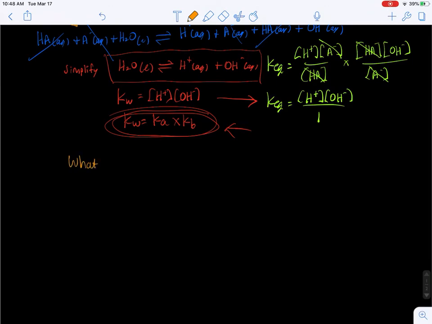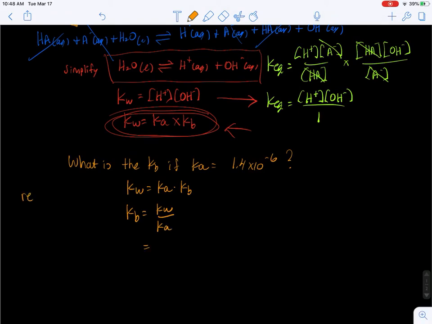What is the Kb if Ka is equal to 1.4 times 10 to the minus 6? Okay. So I use this formula. I solve for Kb. Okay. And I plug things in. Now remember that Kw is 1.0 times 10 to the minus 14.